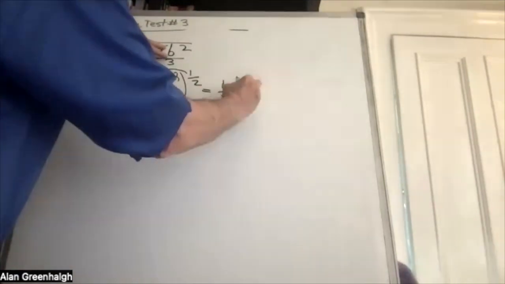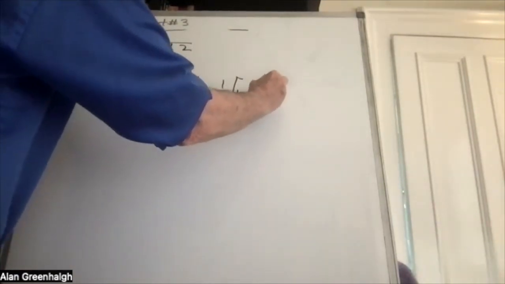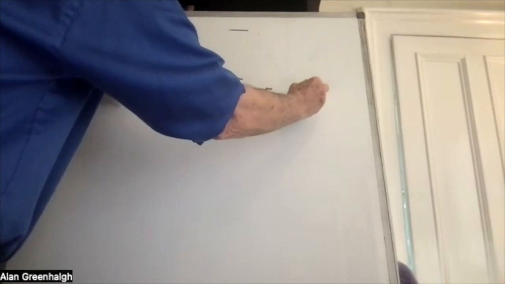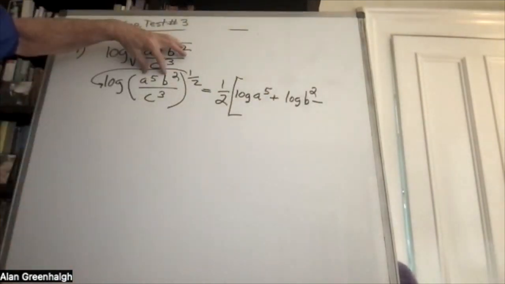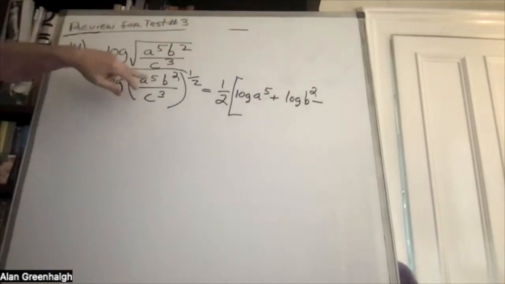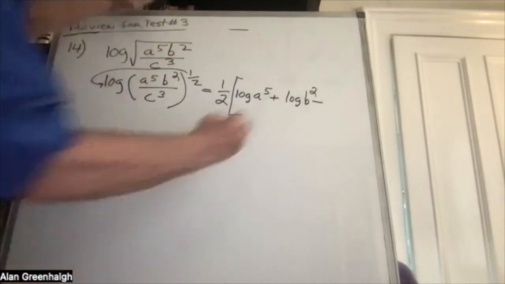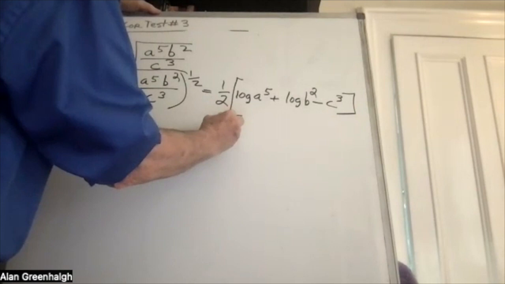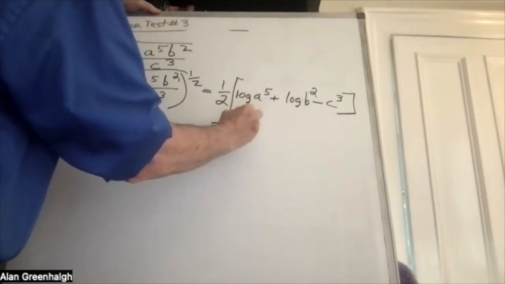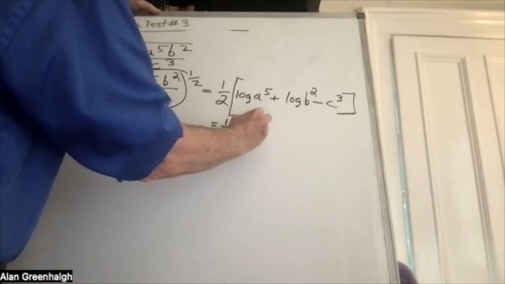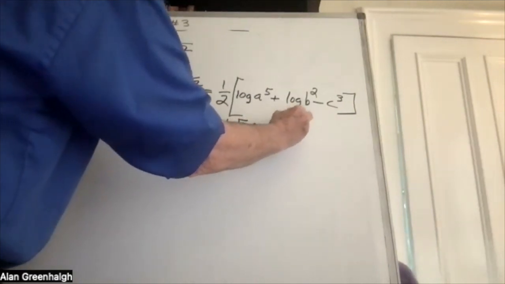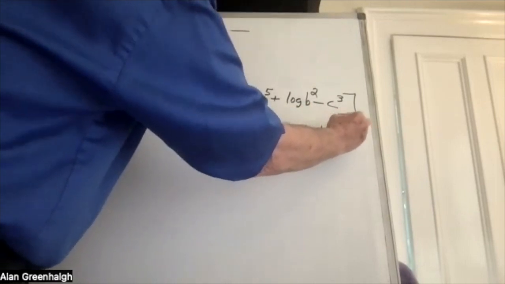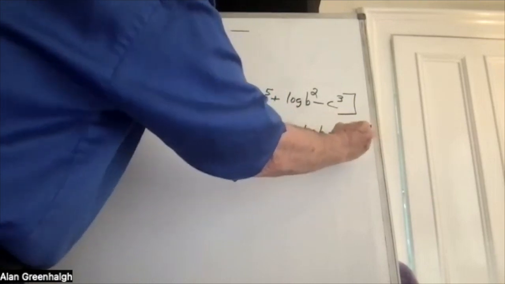The log of a to the 5th plus the log of b to the 2nd minus the log of c cubed. When they're multiplied, it's a plus. When they're divided, it's a minus. And this becomes 1/2 times 5 times the log of a plus 2 times the log of b minus 3 times the log of c.